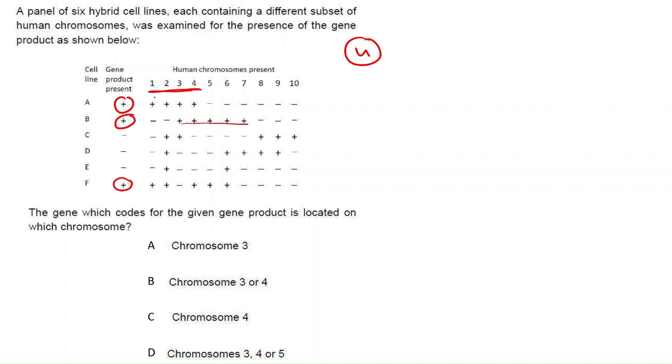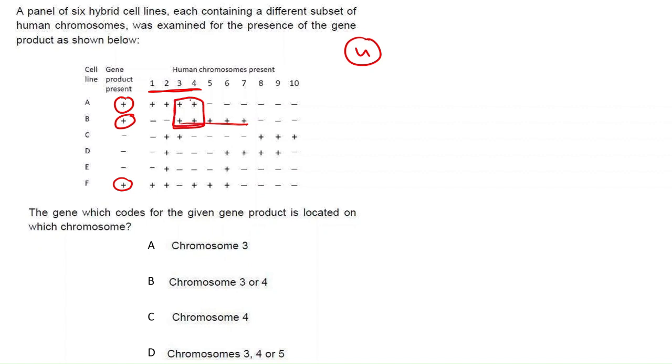When 1, 2, 3, 4 chromosomes are there, the cells are still able to produce the gene product, and when 3, 4, 5, 6, 7 are there, the cells can still produce it. It means the responsible chromosome may be 3 and 4, which is present in both A and B.